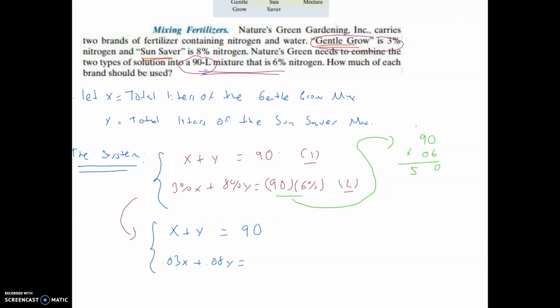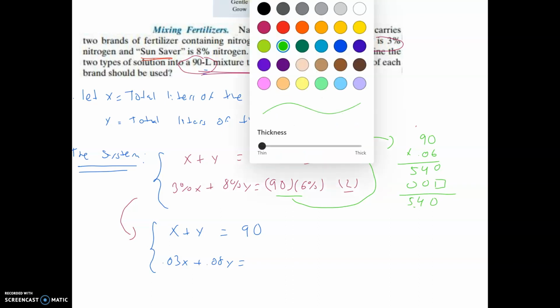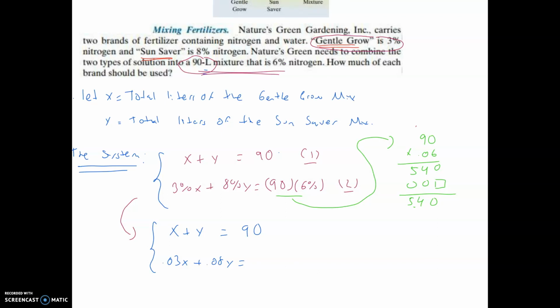That gives 540 with two decimal places, so 5.4.